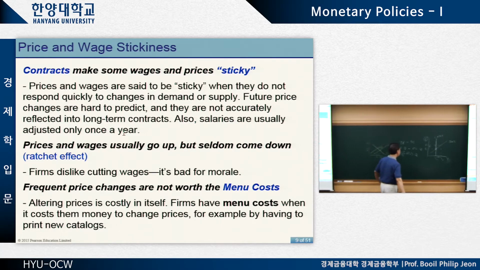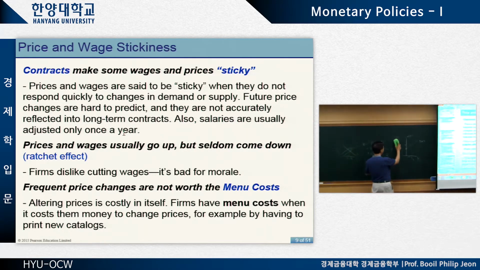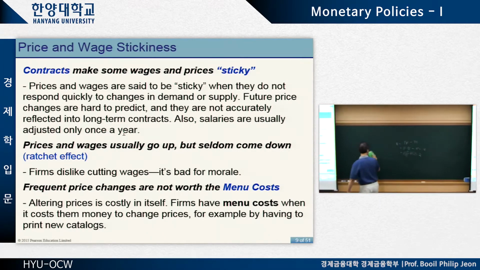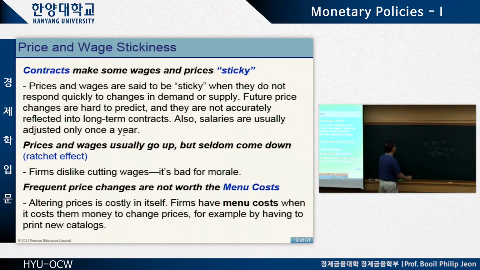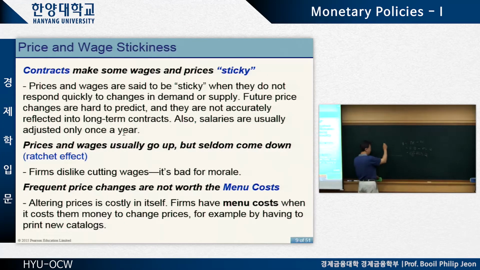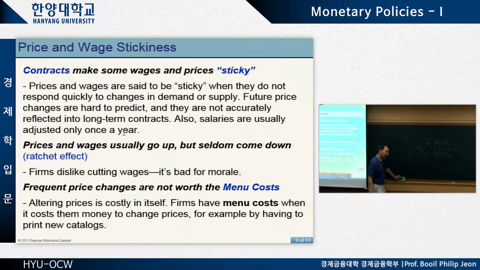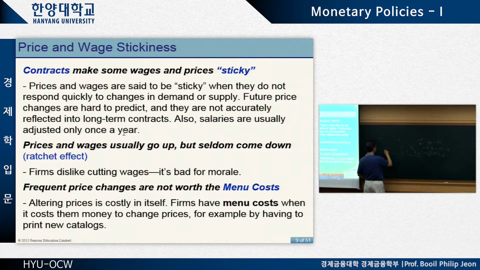Okay, so here we have aggregate demand, we have short-run aggregate supply and aggregate demand here. And then here let's think about the labor market: supply of labor and demand for labor.